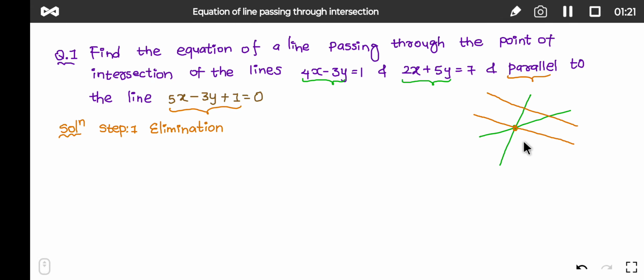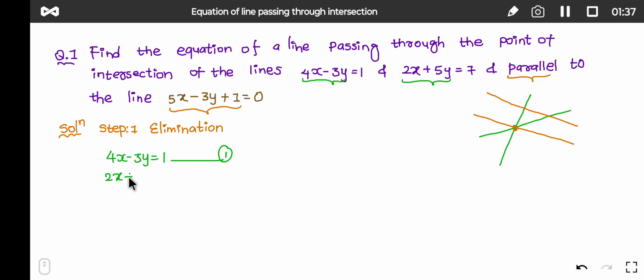Elimination of which equations? The lines that are intersecting. 4x minus 3y is equal to 1, let us call it equation number 1. And the second equation, 2x plus 5y is equal to 7, let us call it equation number 2.